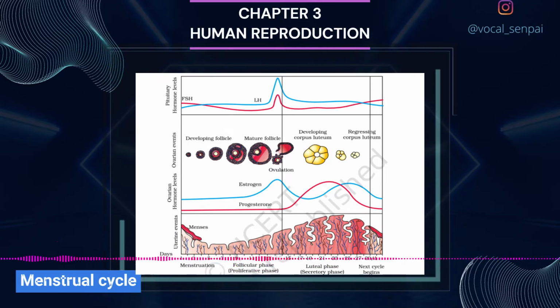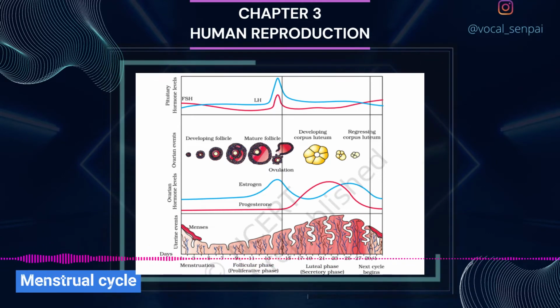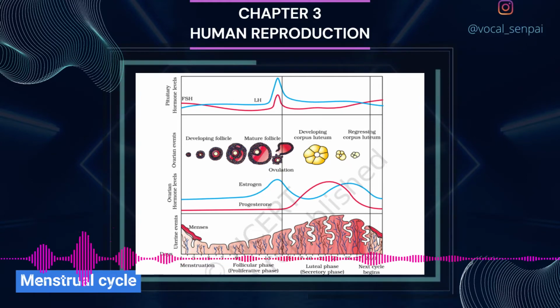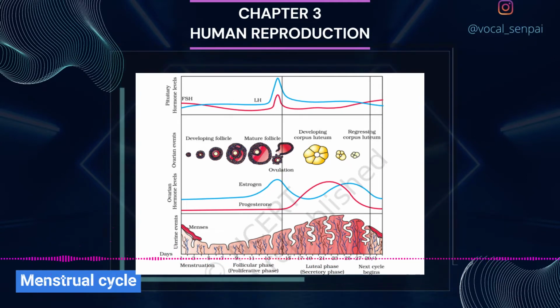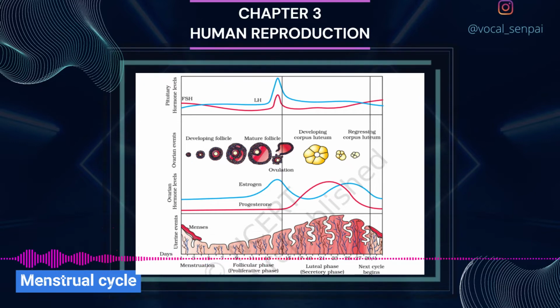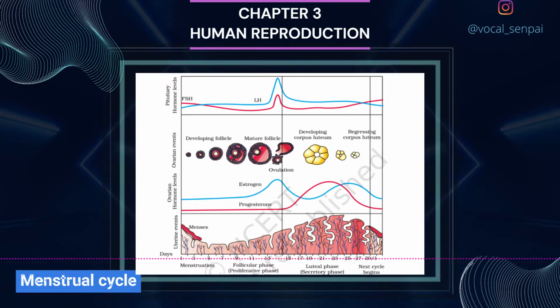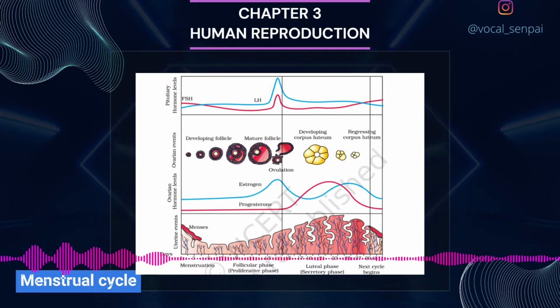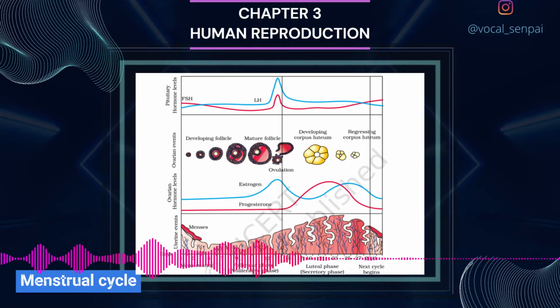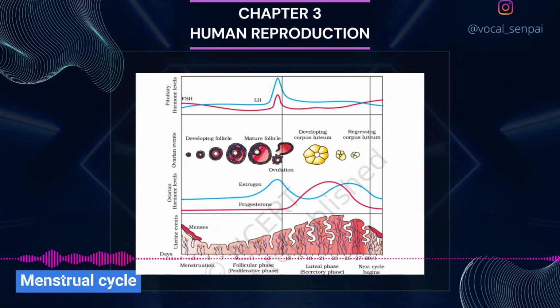The secretion of gonadotropins, LH and FSH, increases gradually during the follicular phase and stimulates follicular development as well as secretion of estrogens by the growing follicles. Both LH and FSH attain a peak level in the middle of cycle, about 14th day.